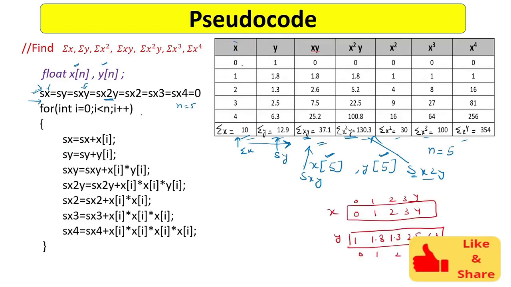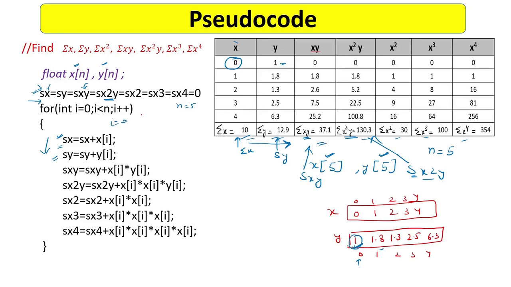As you can see in this code, first I am adding this value inside sx. Then in the same iteration I am adding the value of y of i, that is, initially y of i, which is 1 for i equal to 0. I am adding this value inside the new variable sy.